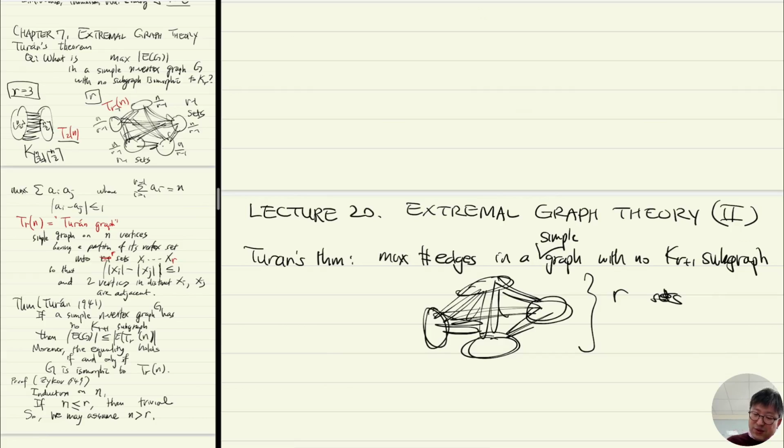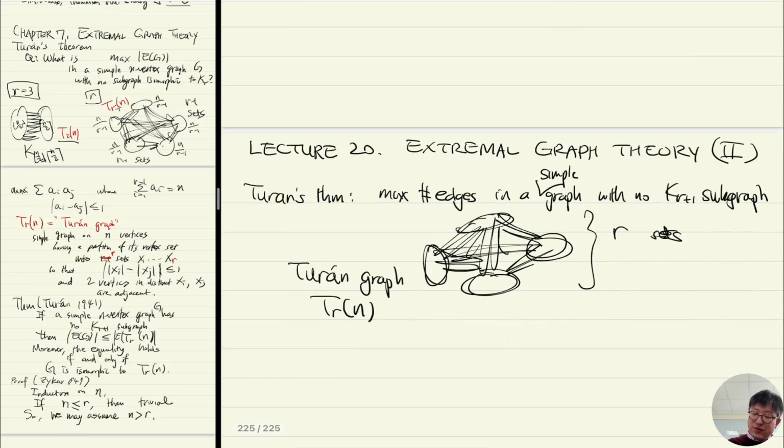This is called the Turán graph, T_r(n). It turns out that this is the graph having the maximum number of edges, having no K_{r+1} subgraph.